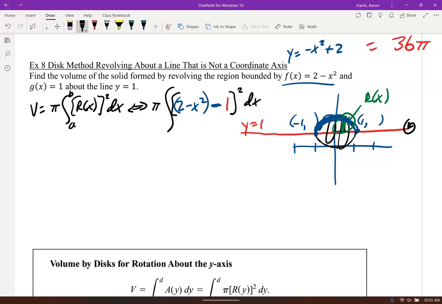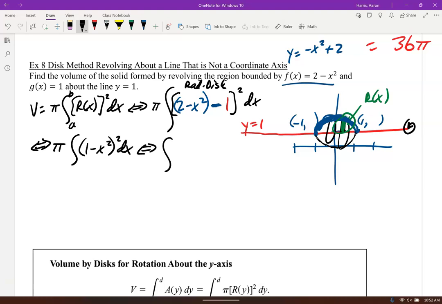So again, this is the radius of the disk. Guys, the difference between those heights there, right? Top minus bottom. So we got 2 minus x squared minus 1. So I got 1 minus x squared being squared.